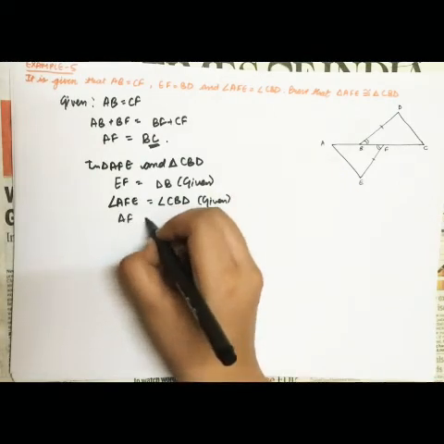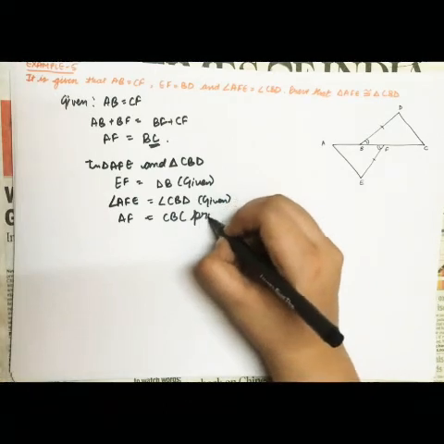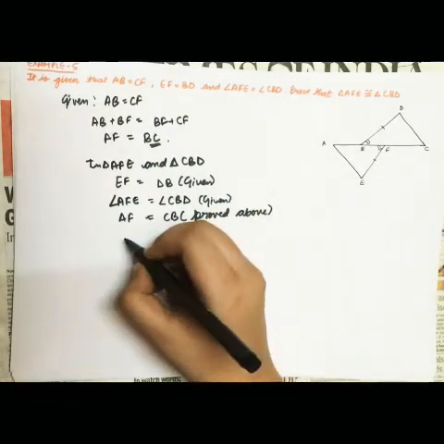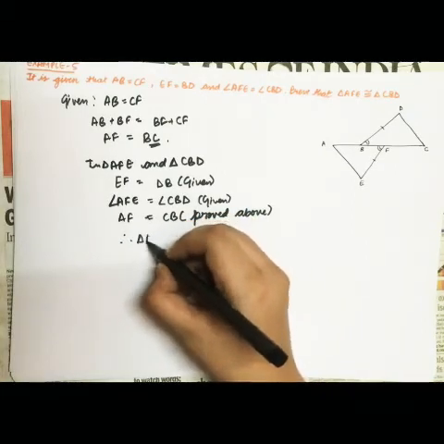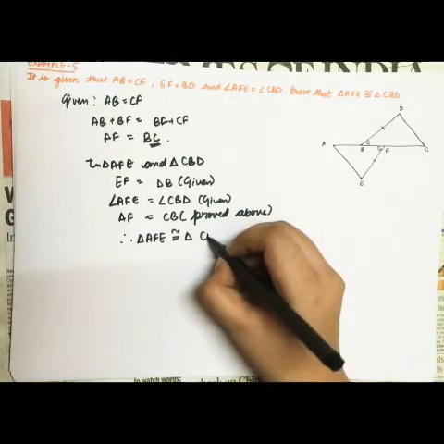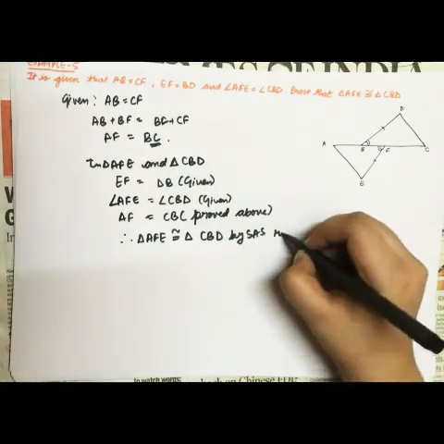Now AF is equal to CB, which we have proved above. Therefore we can say that triangle AFE is congruent to triangle CBD by SAS rule.